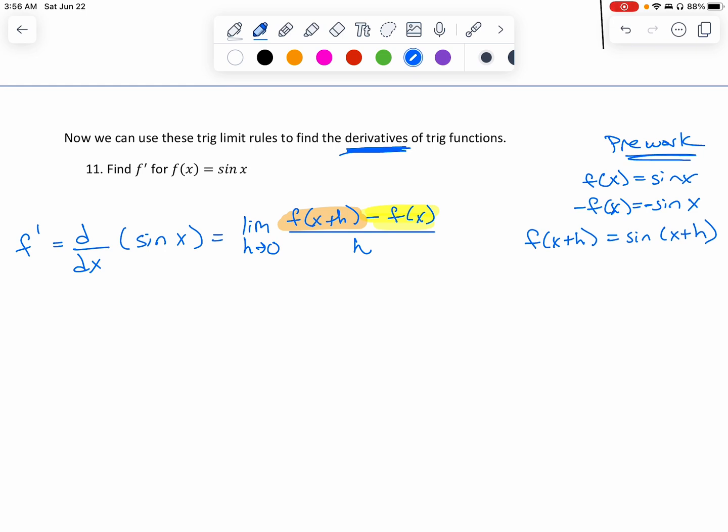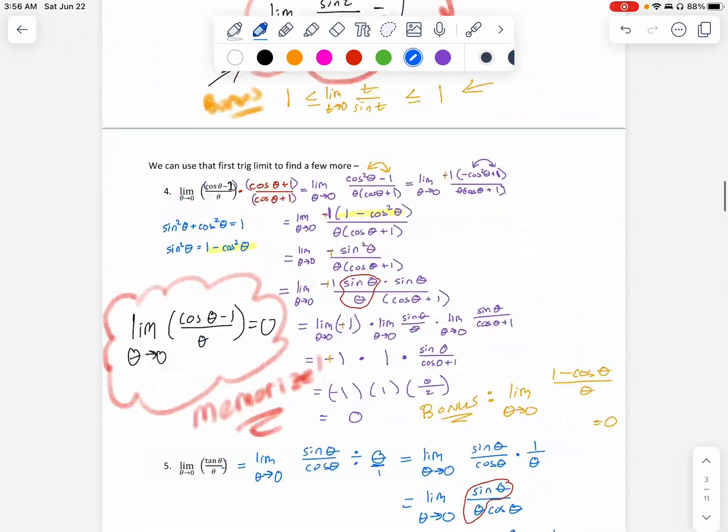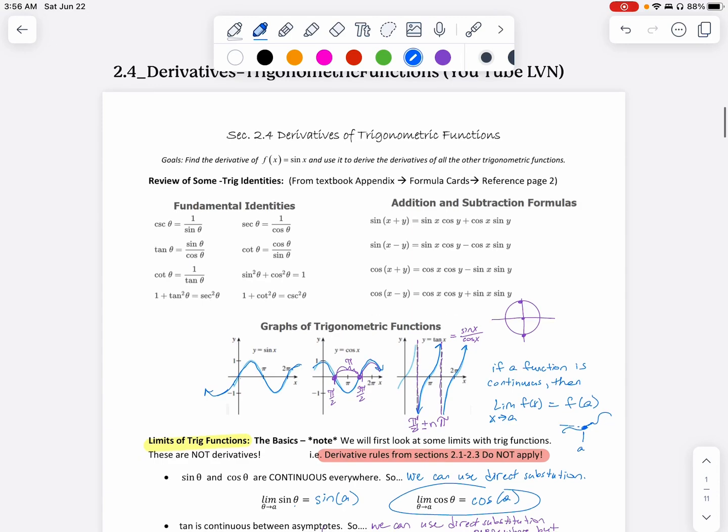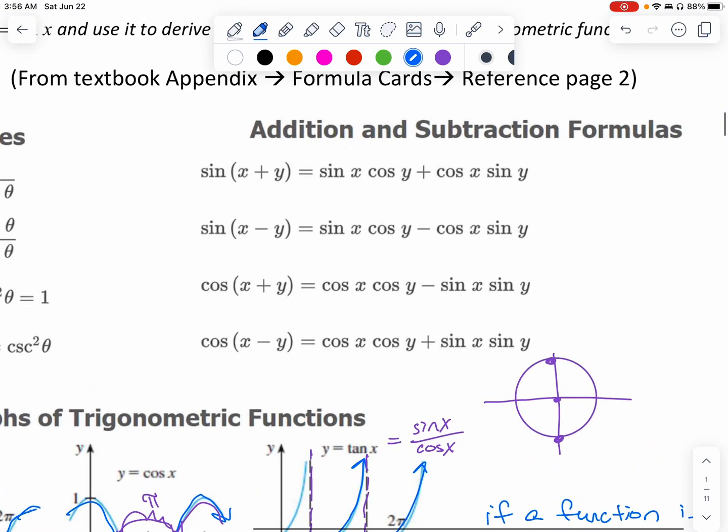So in order to separate the x and the h, I have to apply the addition identity. So I'm going to go back up to my identities page, and I have this identity right here that will allow me to separate the x and the h, just like this one separates x and y. So that's sine of x plus y equals sine of x times cosine of y plus cosine of x and sine of y.